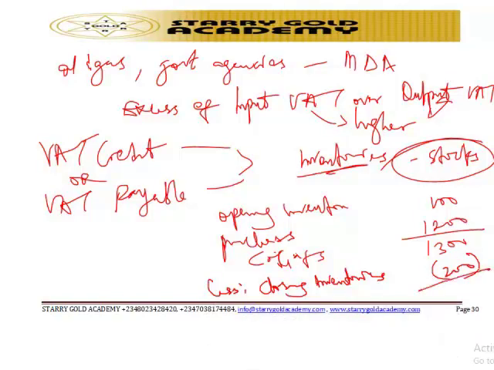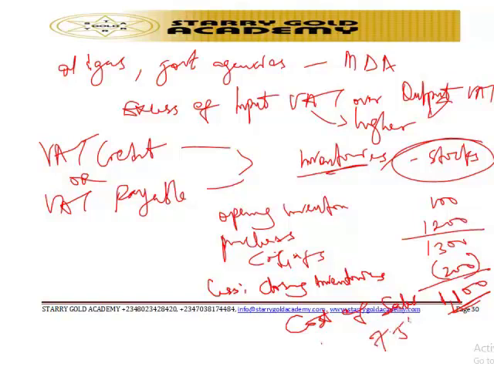So the cost of sales in this case will be 1,100. Okay, so it is this net result that you can then apply your VAT rate of 7.5% on.